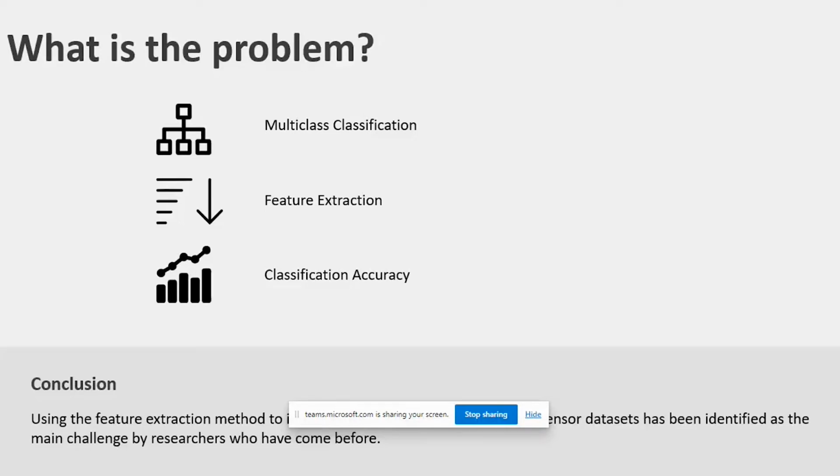Different gases have been targeted to classify. And the second is feature extraction. A lot of work has been done before, where feature extraction was done by hand, not with automated features, to enhance the classification accuracy.